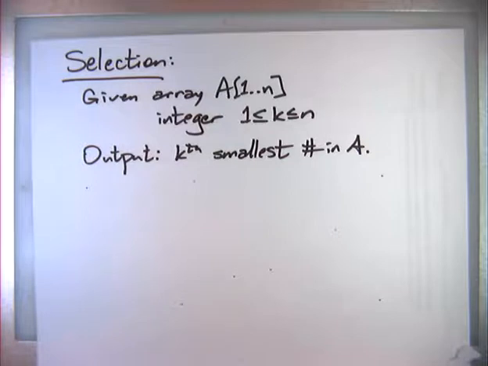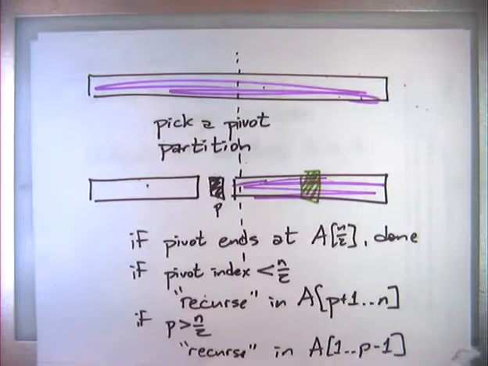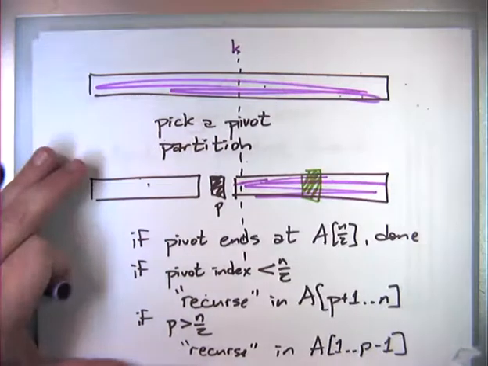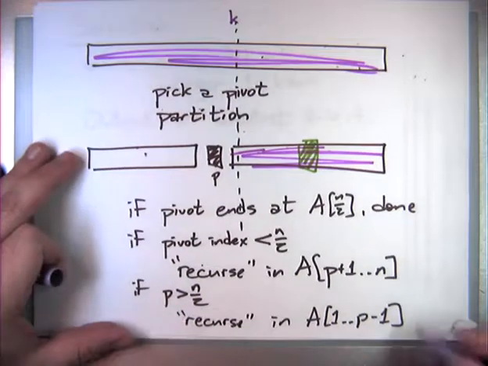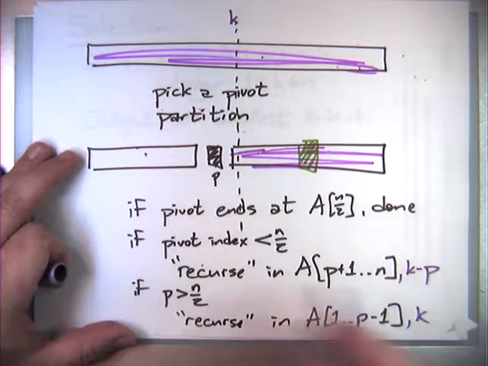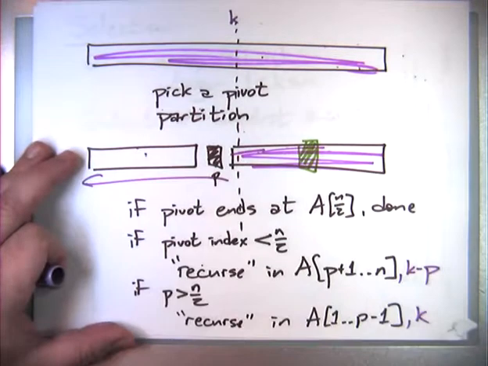Now, if I keep this more general problem in mind, then you can imagine that when you're recursing, you're given some target index k. When I recurse on one side, I'm going to keep the same k, and when I recurse on the other side, I'm going to say, well, I also have to take into account these p things.